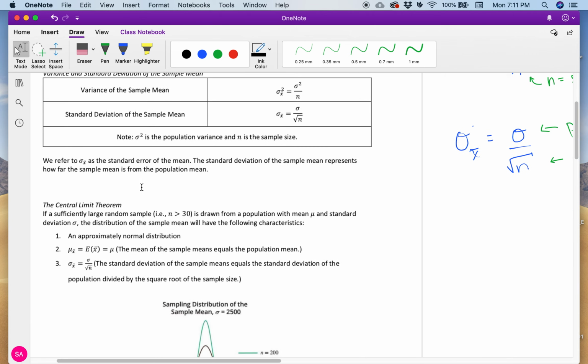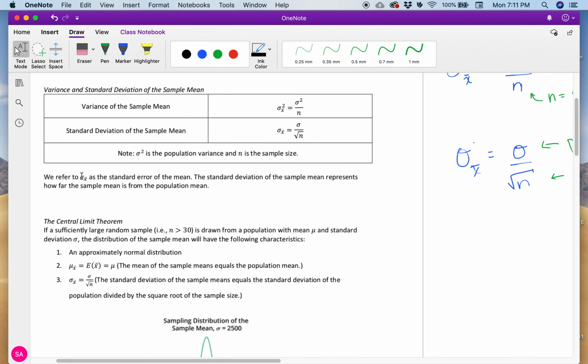And just a quick note, we refer to the standard deviation of the sample mean as the standard error of the mean. The standard deviation of the sample mean represents how far the sample mean is from the population mean. So if there's a difference, right? If standard deviation is equal to 0, that means we're at the mean, right?